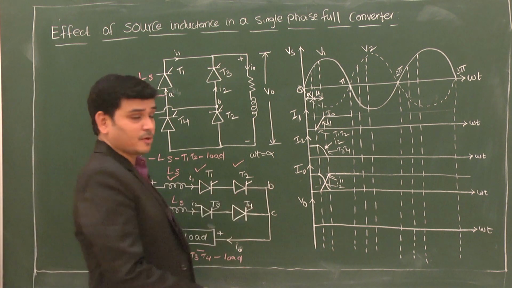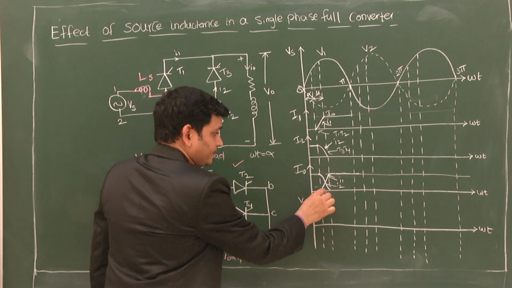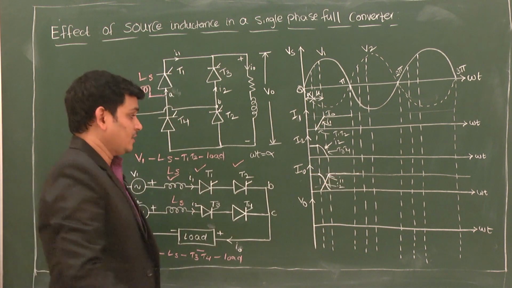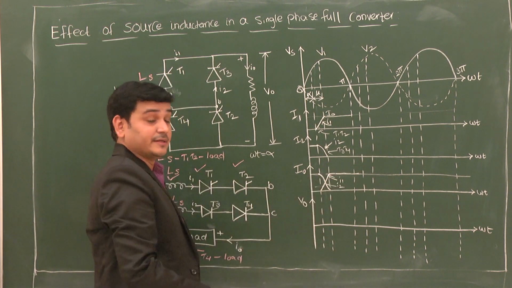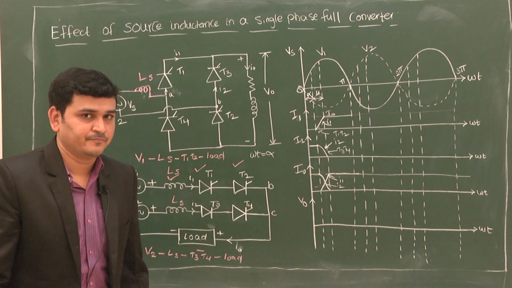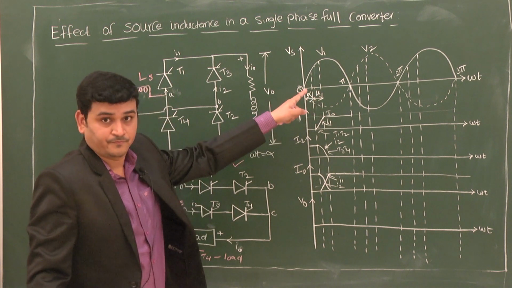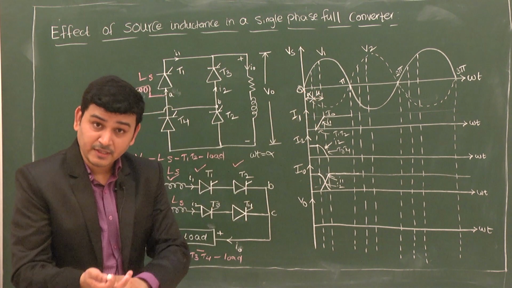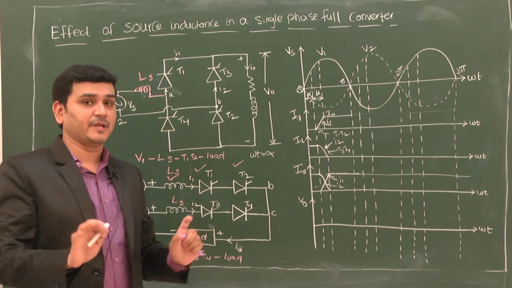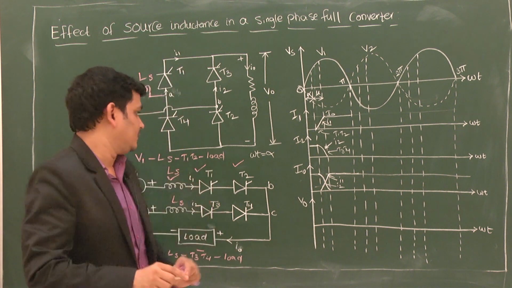If you observe properly, I1 is increasing from 0 to I naught, and I2 is decreasing from I naught to 0, outgoing thyristors. So in the duration of mu, thyristors T1, T2, T3 and T4 are conducting at the same time. That particular duration is called the overlap angle.